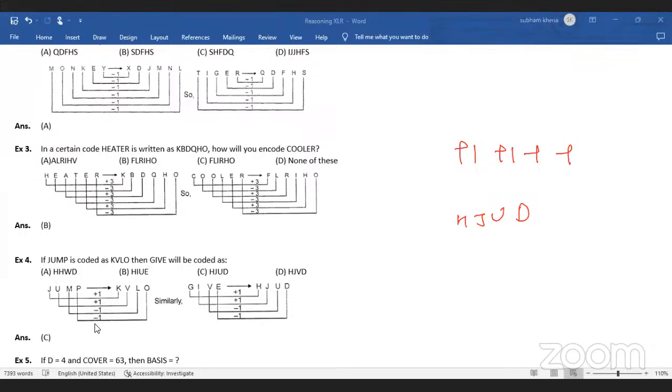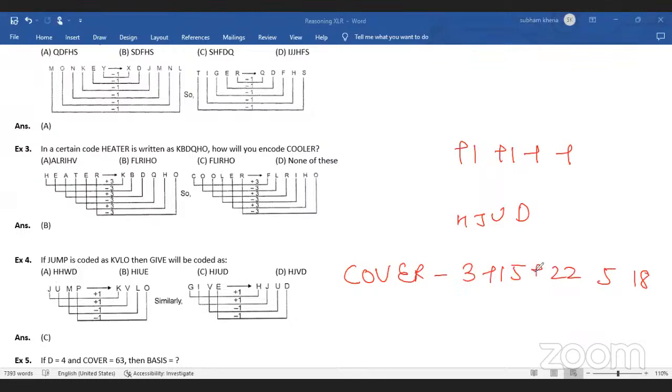Now if the D का number is 4 and the value for the whole word is given, let's write cover का single format. For example, COVER: C is 3, O is 15, V is 22, then E is 5, and then again R कितना होता है? 18. 3, 15, 22, 5, 18.